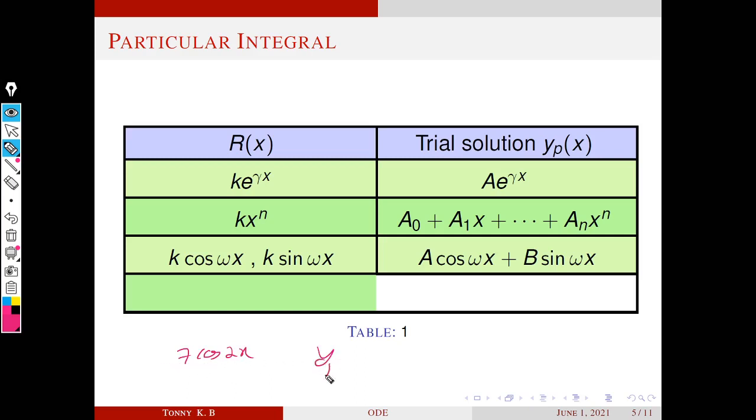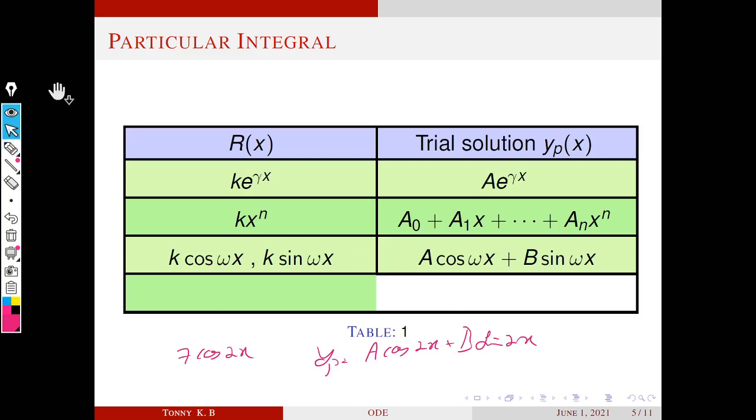Then what is the trial solution yp? A is unknown. A cos omega x, omega is 2. So A cos 2x plus B sin 2x, where A and B are unknown. So we have to find this A and B using this method of undetermined coefficients. We take the derivatives and substitute in the given ODE and try to find them.